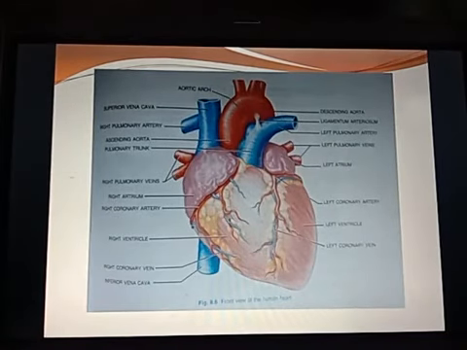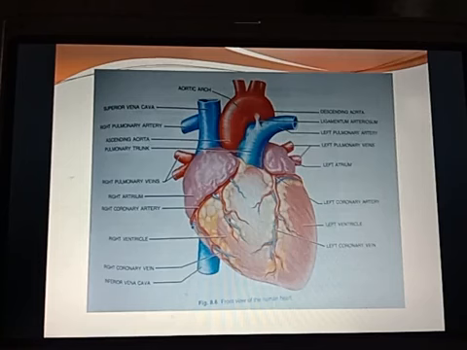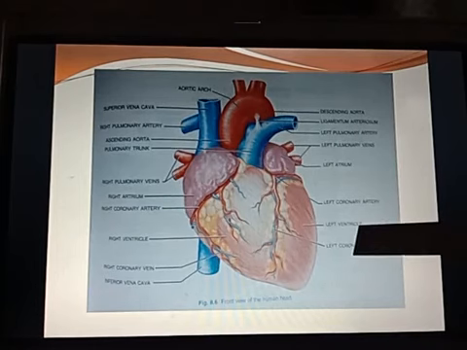So here you can see the front view of the human heart. How does it look? Since this is not cut, you cannot see the internal portion, the chambers, but still externally you can see the various parts. You can see here the left ventricle.